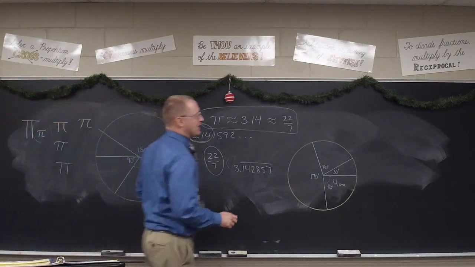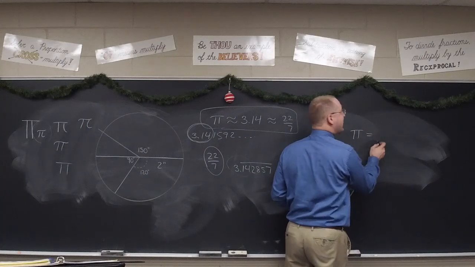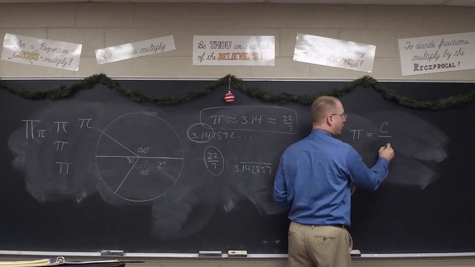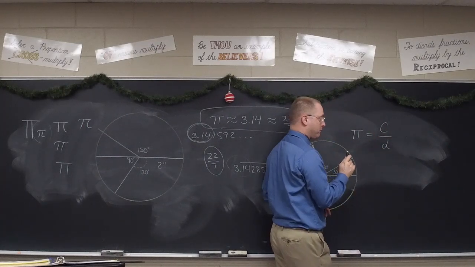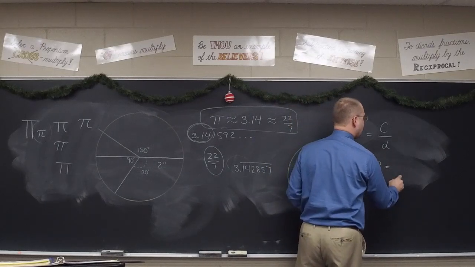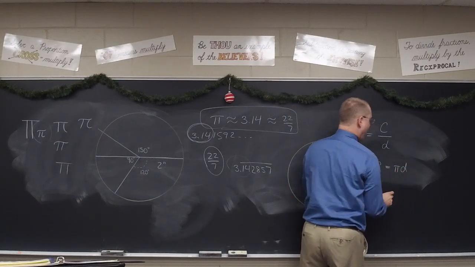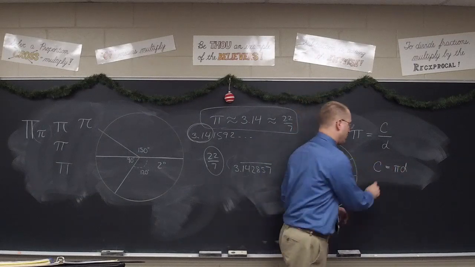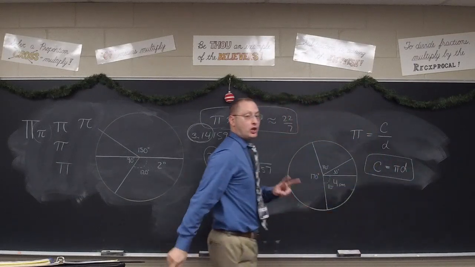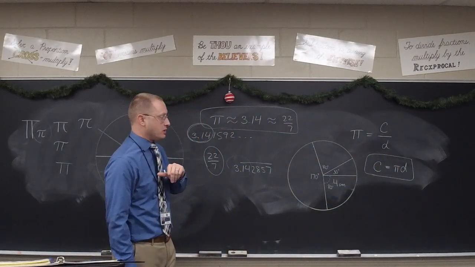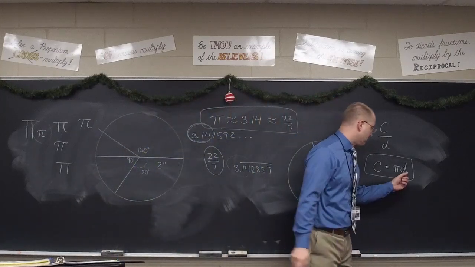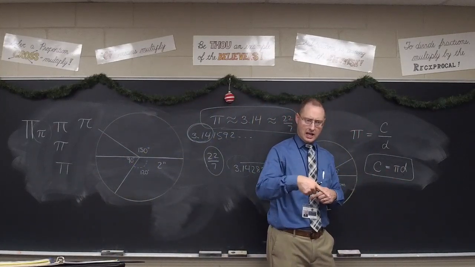So 22 sevenths has its place. If pi is defined as the ratio of a circumference of a circle to that circle's diameter, then the circumference must equal the product of pi and the diameter. And this is one of our 2 equations we use to find circumference. Another way we could find it is, well, what is a diameter? It's 2 radii, right?